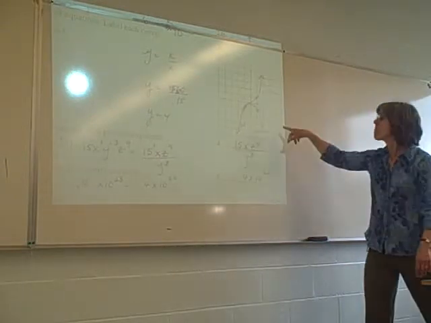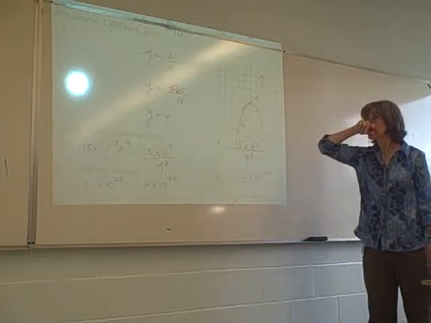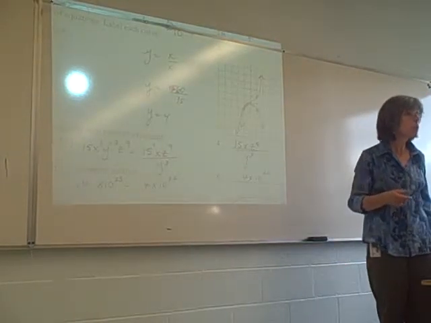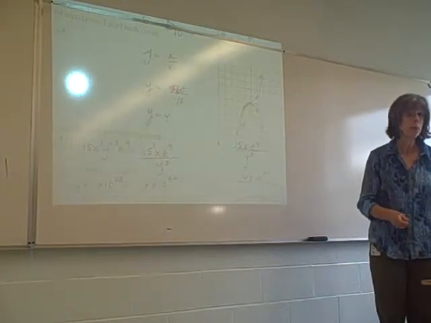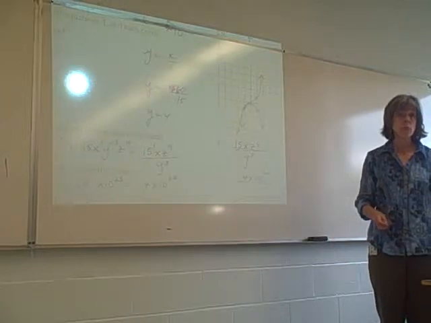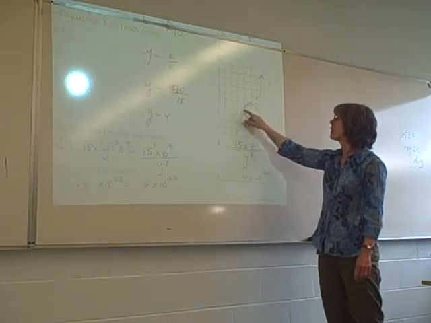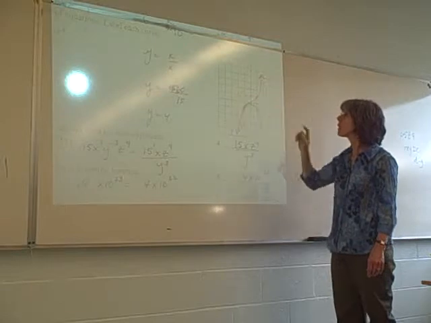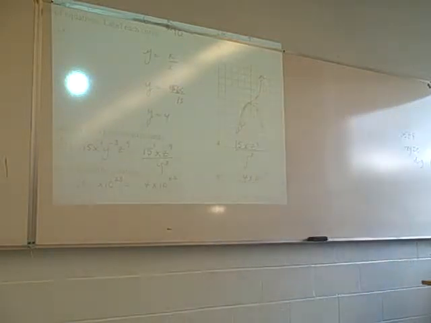And I know it's going to go through certain points. 1, negative 1, 0. So I should be able to plot those points and see where it goes. You had calculators. I didn't say don't even look at your calculators. If you didn't know it, you could have graphed it. All right, number 4.